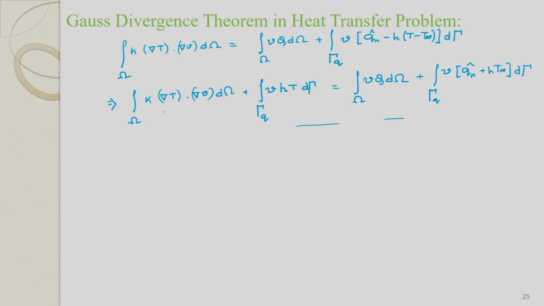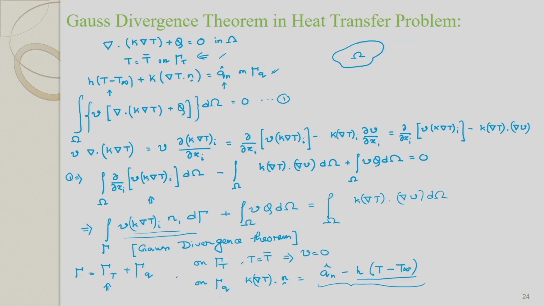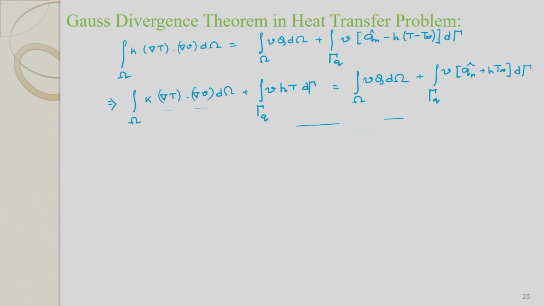As you can see in this term, both are first order derivatives, and we have also taken care of the boundary term, that is, the boundary conditions on the two boundaries.